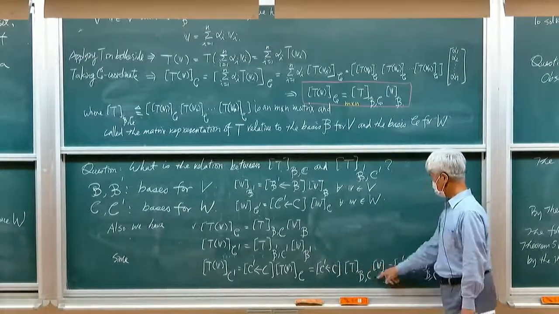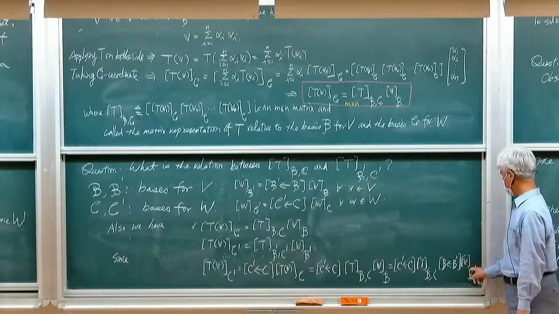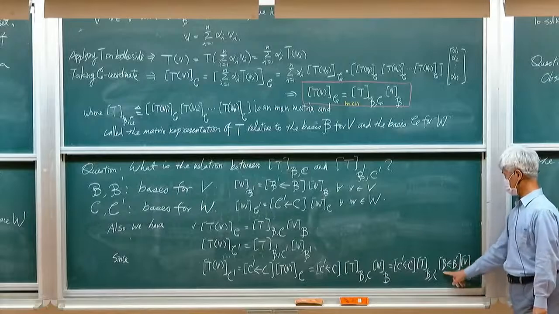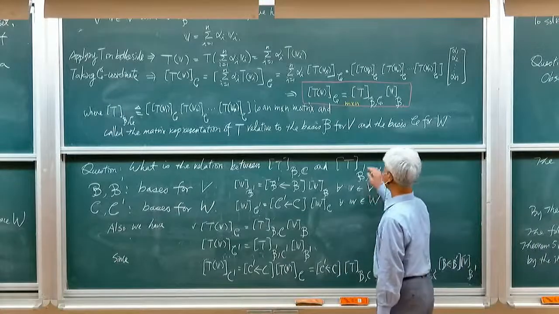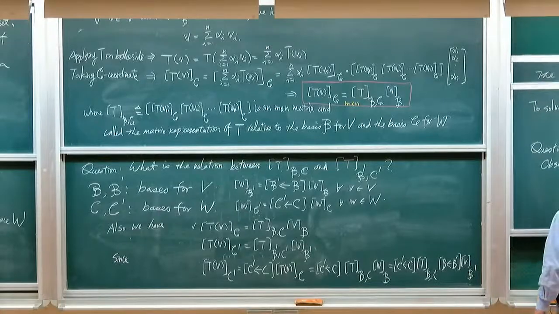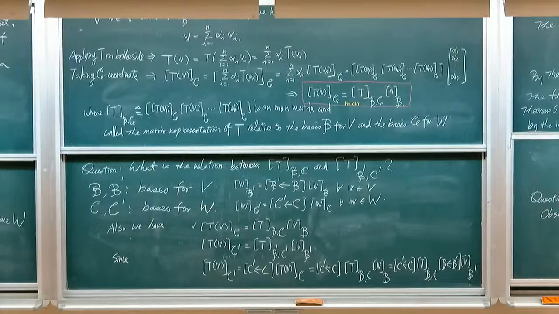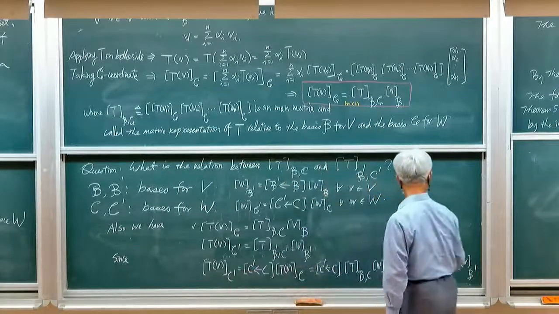And then this B coordinate of V can be obtained from the B prime coordinate of V by using this transition matrix from B prime to B.